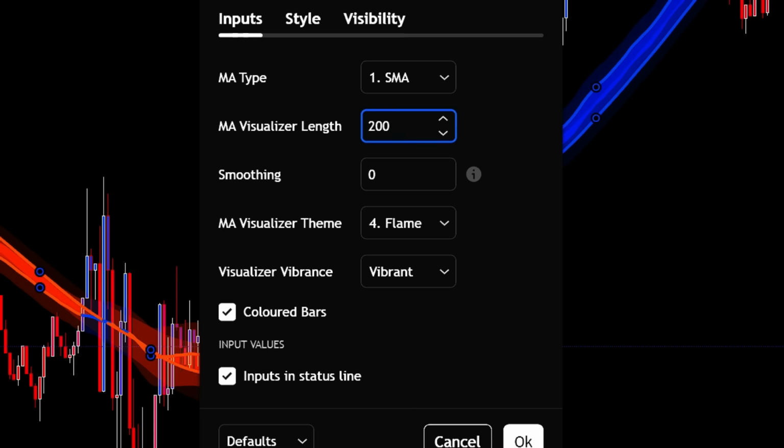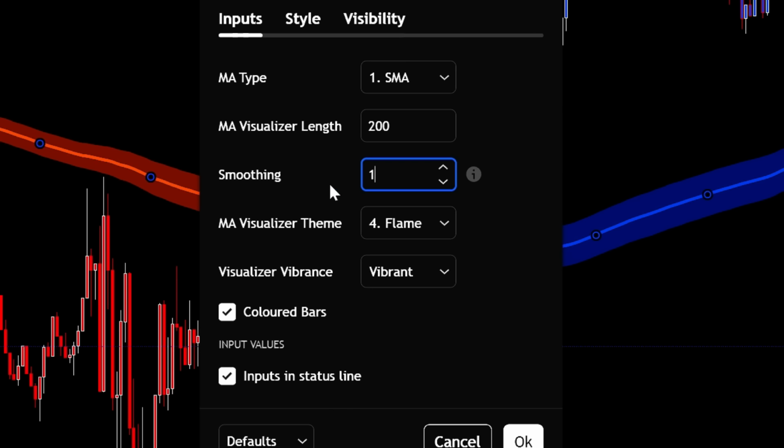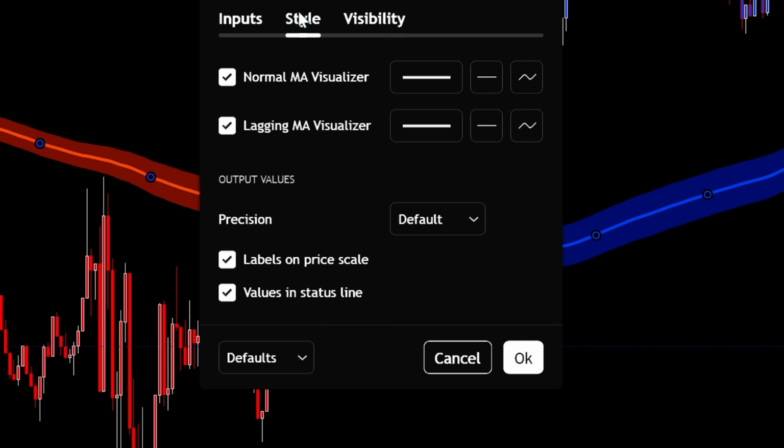And the smoothing to 1. That's it, no extra changes needed. Now the ribbon becomes a perfect trend filter, instantly showing whether traders are safer in the long or short direction.